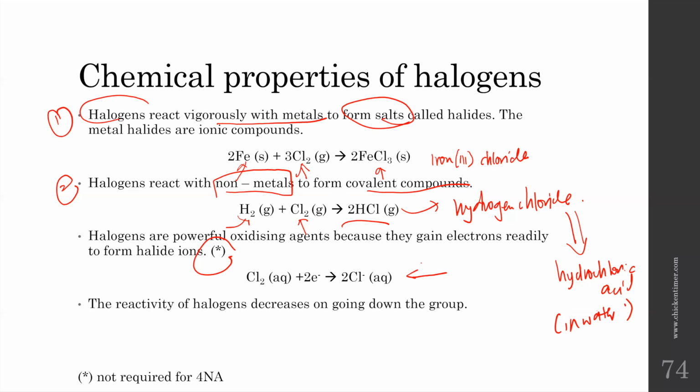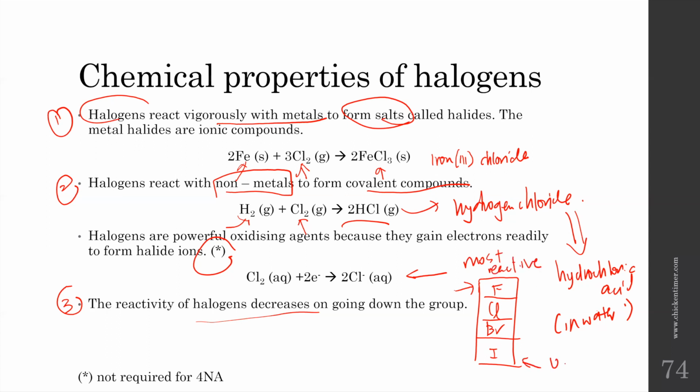Okay, then you have this one that you need to know: the reactivity of halogens decreases on going down the group. So earlier on we have fluorine, chlorine, bromine, iodine. This means that fluorine is the most reactive and iodine is the least reactive. Statement number 3 is talking about that.